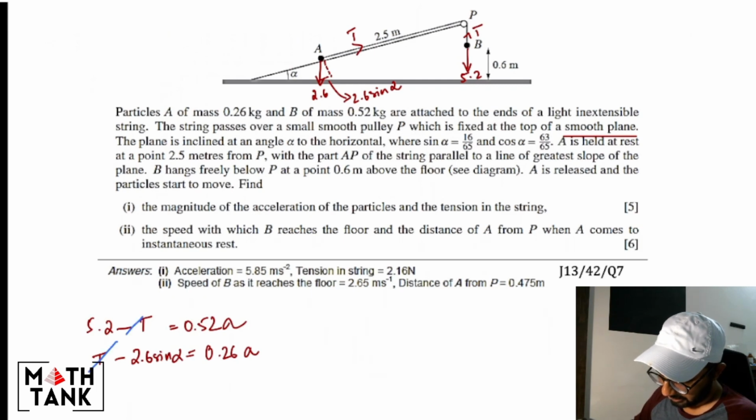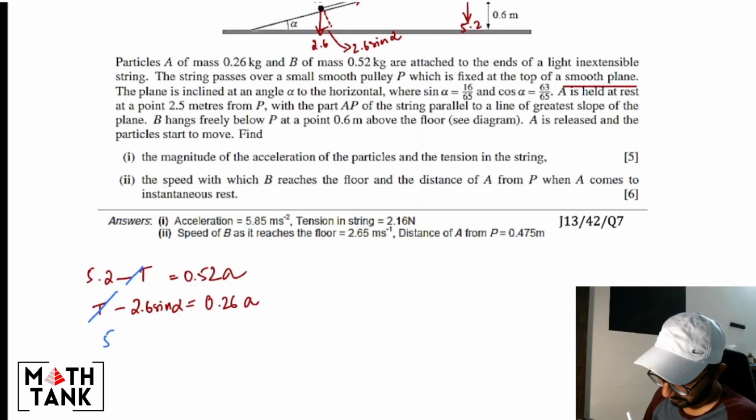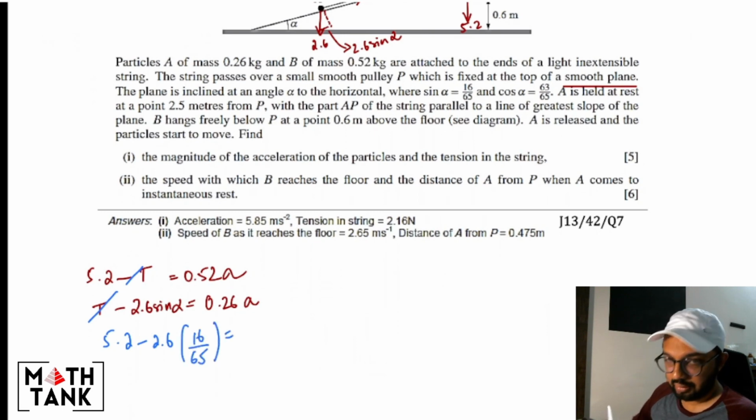Again, this cancels out. Sine alpha is 16 over 65. So I get 0.52 plus 0.78a. Solving this, let's see if we get the correct answer.